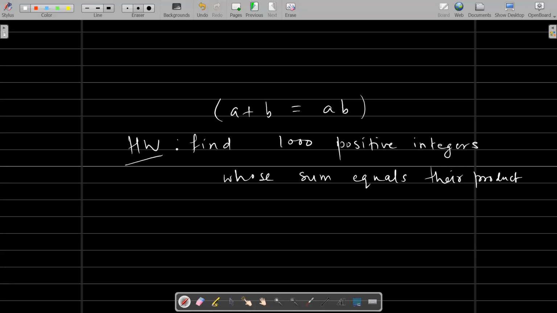That's homework. Srividya? Sir, is it okay if they're not distinct, if they are like the same number, some of them? Yes, they may not be distinct. Sir, then I have the answer.